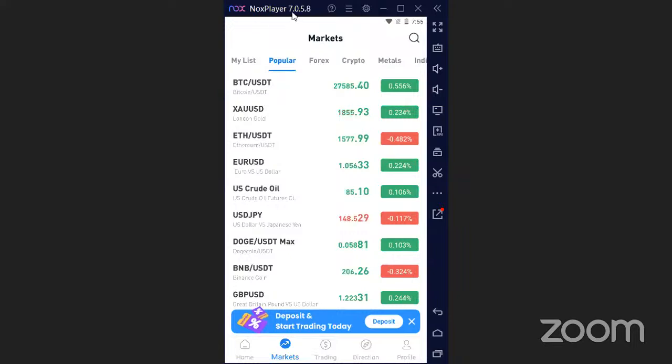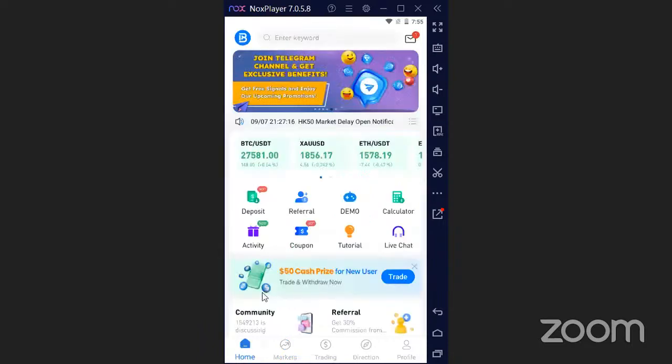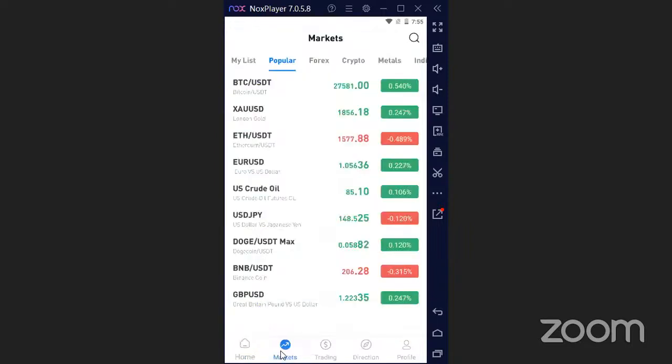Sorry if this is very small, but you have to bear with me. Let me just show you how this is used properly. Here we have instruments to trade. If you are on home like this, you want to come to market to look for the instrument you want to trade. Let's take GBP USD for example.